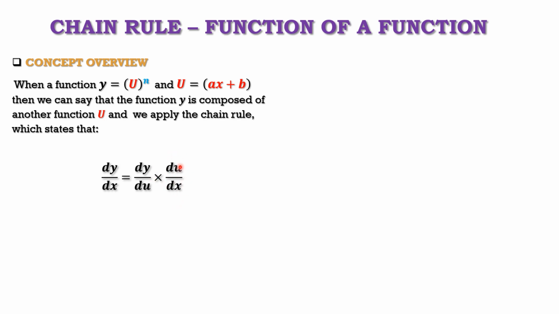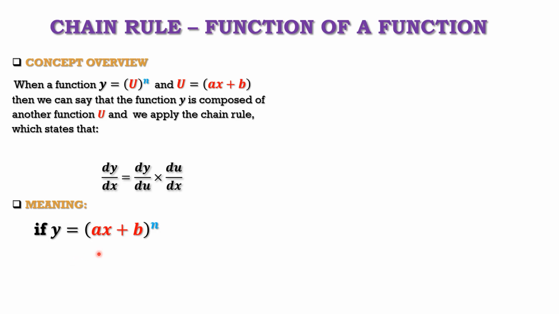This time, u becomes the dependent variable, which is a function of x. So the chain rule simply means that if I want to change from y to x directly, then dy dx is equal to dy du times du dx.